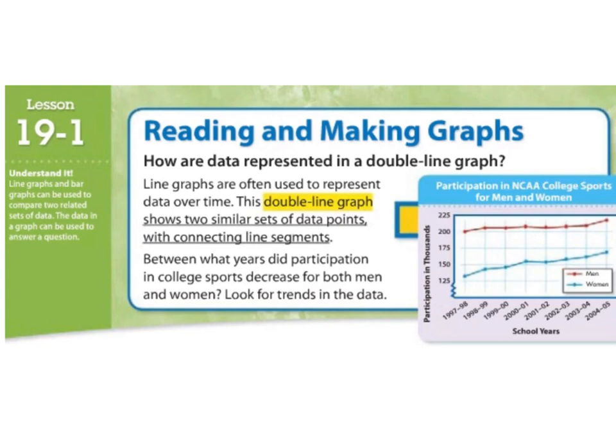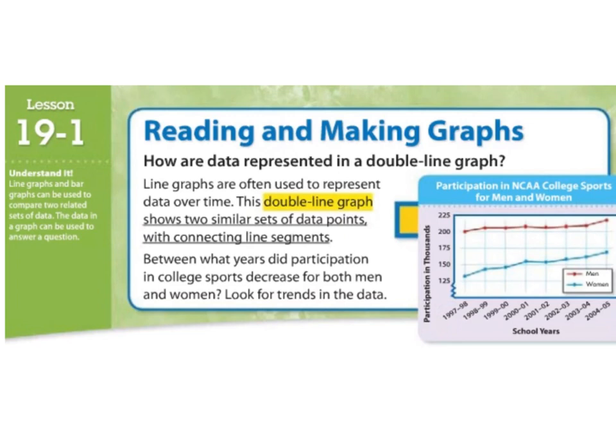So I'm thinking, what does this point right here mean? Well, that means that 150,000, see it says in thousands, 150,000 women participated in NCAA college sports in the year of 2001-2002. And I hope we're getting a little more familiar with what these mean.